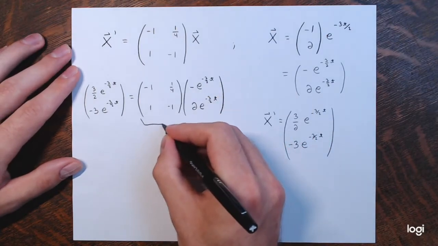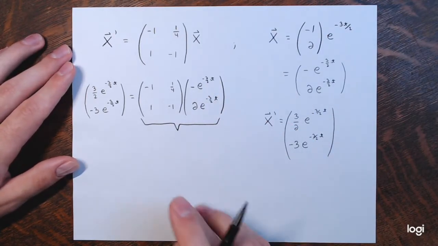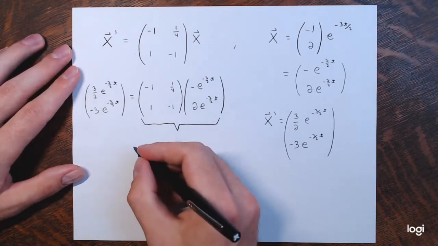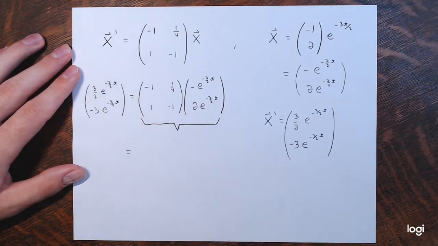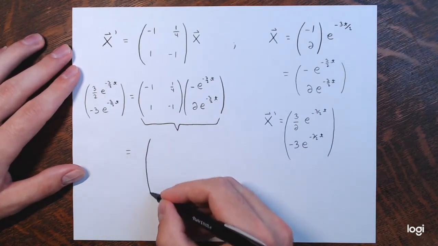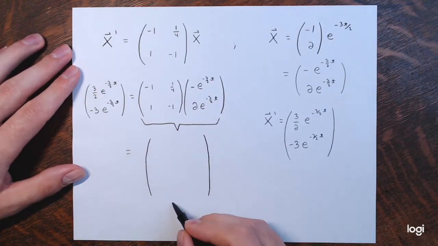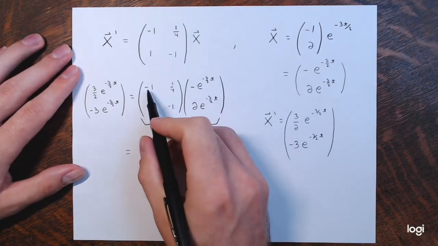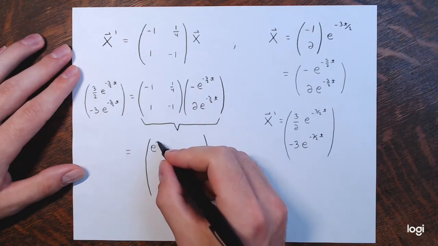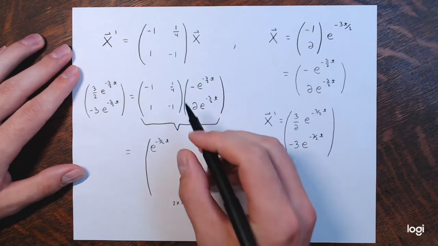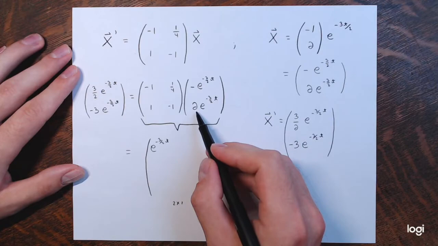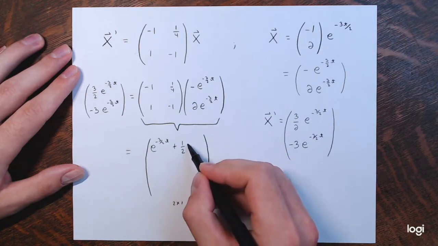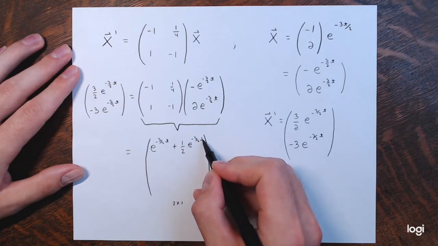Then we multiply these two matrices and see if the left side and right side are indeed equivalent. Again, a 2 by 2 times a 2 by 1 will be a 2 by 1. First row will be positive e to the negative 3 halves t, plus 2 times a fourth, a half, e to the negative 3 halves t.